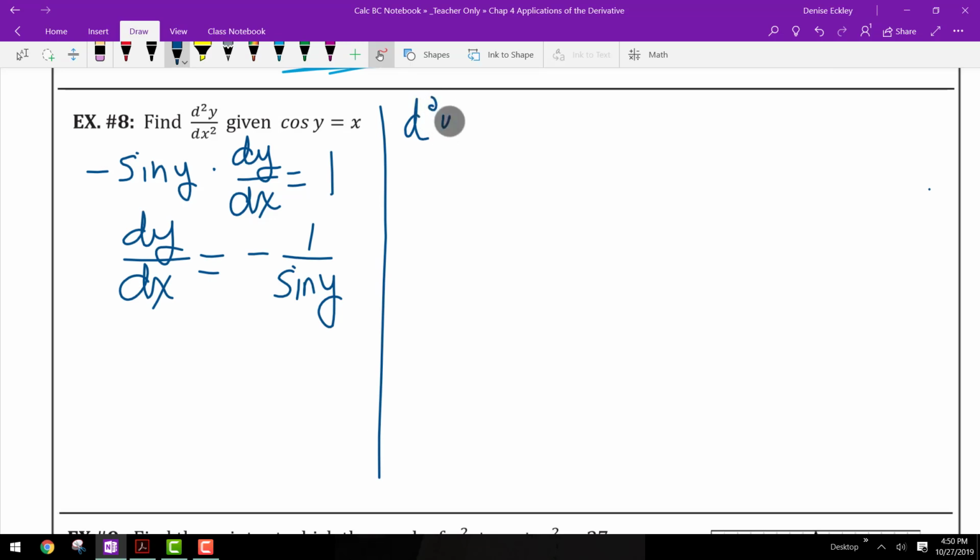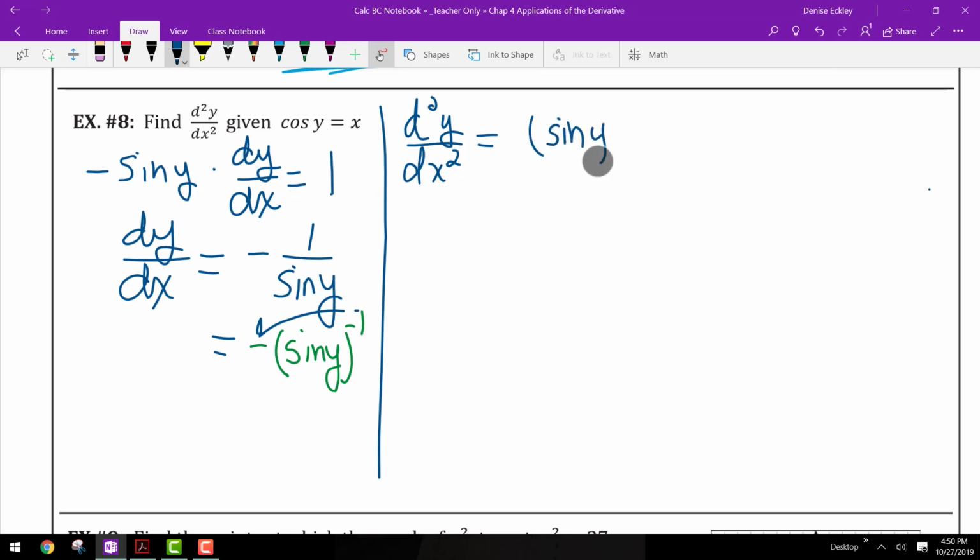So the second derivative of y with respect to x is going to be, now the one thing I want to remember here is that this is actually negative sine y to the negative 1 power. So when we go to do the second derivative, we're going to have to use a power rule. So we're going to bring the power down, which would be negative 1, so this will become a positive here, and then lower the power by 1.